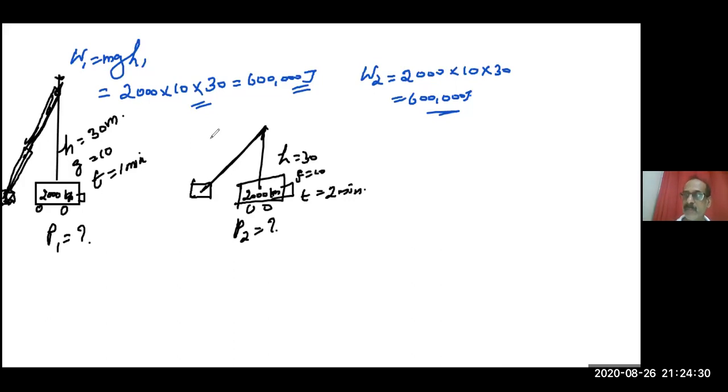Then why does it take 2 minutes? That is power, and that's the importance of this problem. Since they do the same work, the same fuel is consumed. But the power of the first crane is more than the second crane. More power does not mean more fuel is consumed. The work will just be faster. That's all.